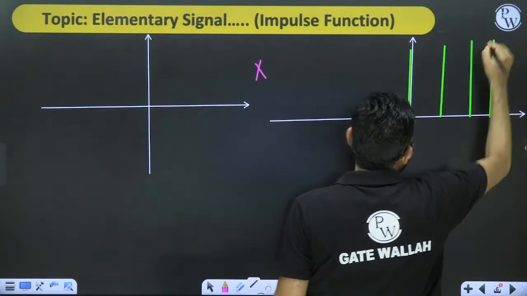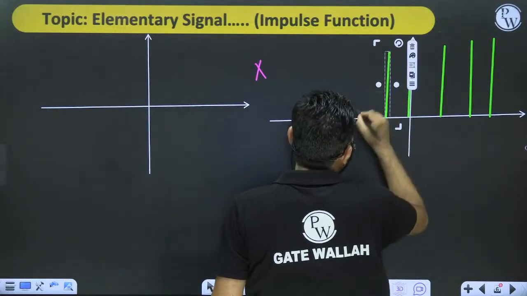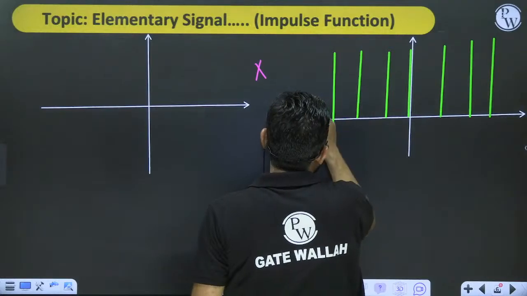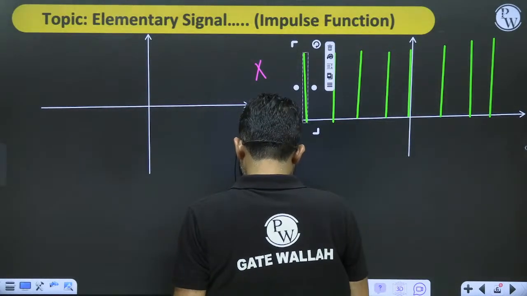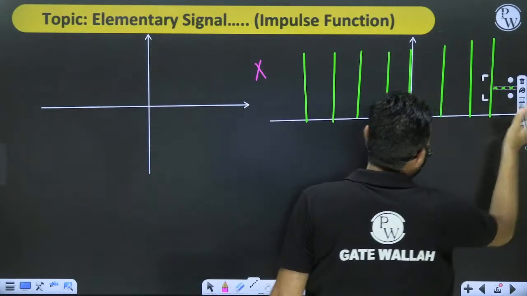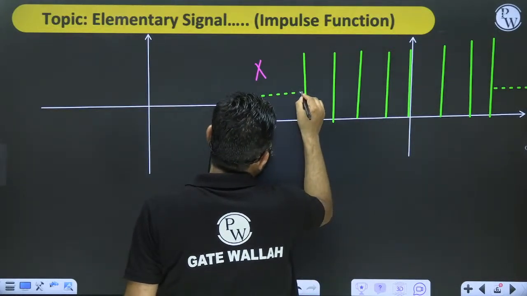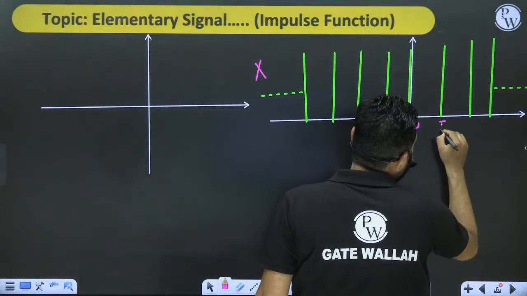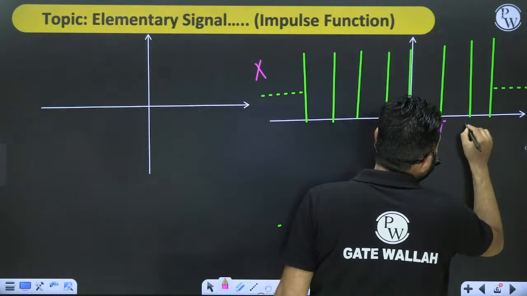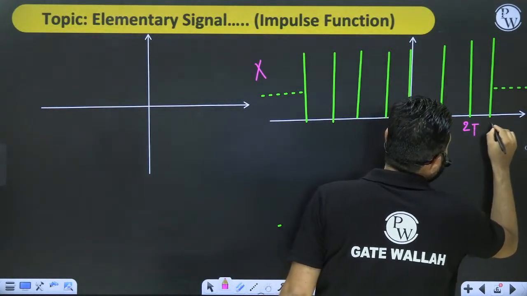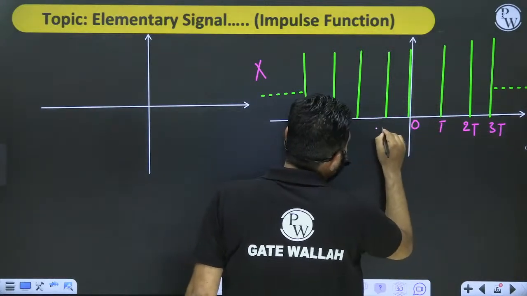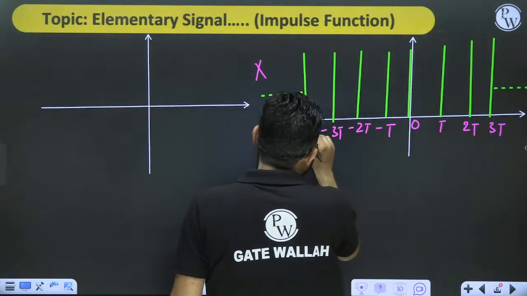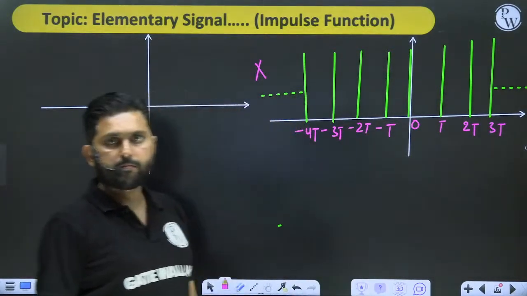Let's consider here, here, here, and so on. Let us mark this as 0, that is T, 2T, 3T, and so on, and on the other side minus T, minus 2T, minus 3T, minus 4T, and so on.